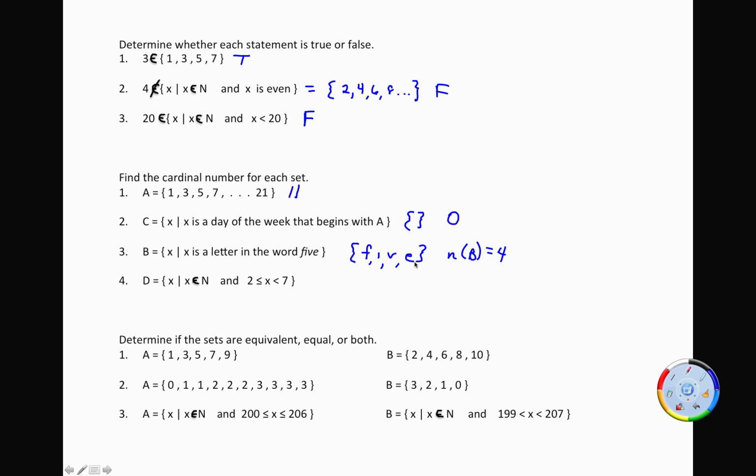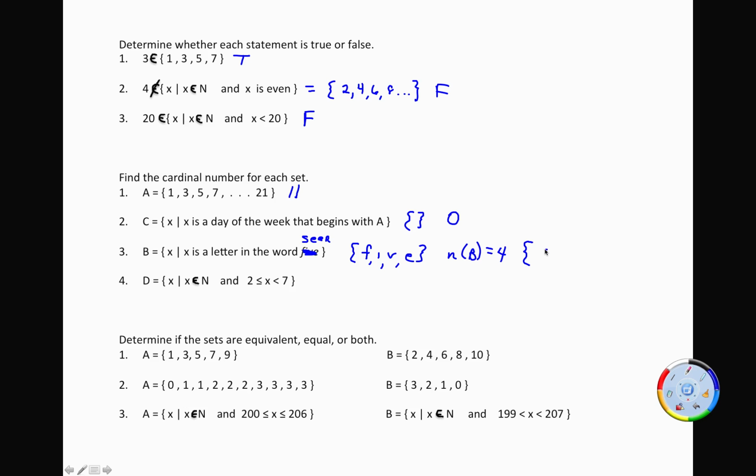Now, let me caution you, what if it said that B is the set of all x such that x is a letter in the word, let's say, seen? The cardinality of that set, again, sorry about my penmanship, is 3 because when we're listing the elements, they must be distinct elements.